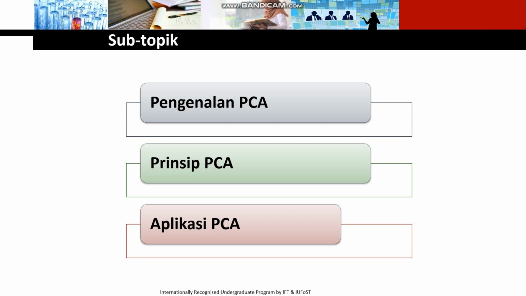The subtopics at the moment will be the introduction to principal component analysis, the principle of component analysis, and the applications of principal component analysis. There will be both languages, Indonesian and English, because sometimes it is difficult to explain certain things in English.